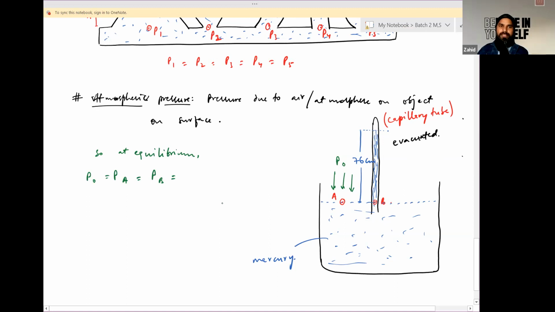According to the above concept of gauge pressure due to a column of liquid, it will equal rho g h.